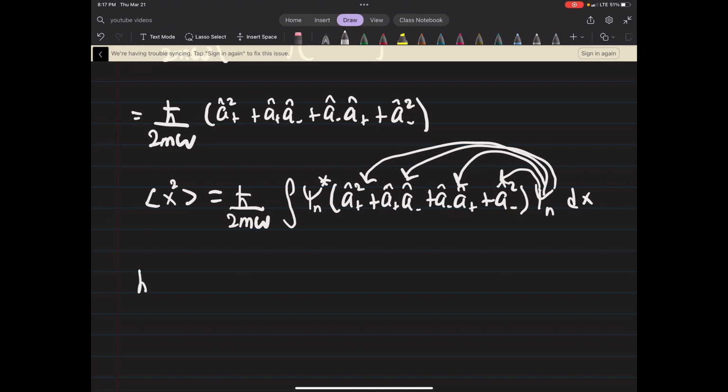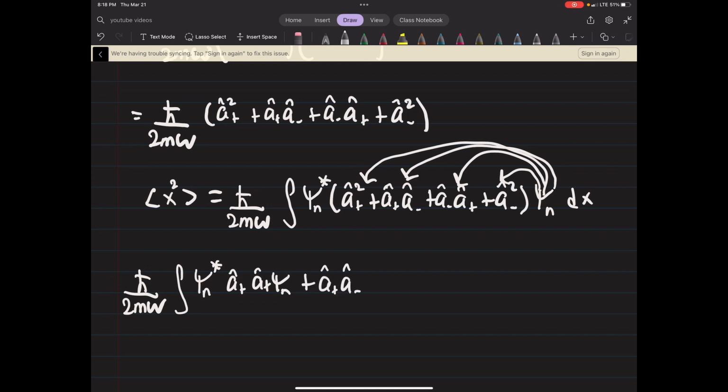So we have h bar over 2m omega, the integral of psi n complex conjugated. And then we want the raising operator acting on the raising operator of psi n, plus, a minus.